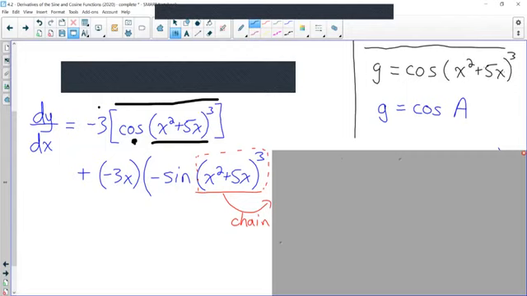As you know though, with chain rule, much like we did with polynomials, you need to take the derivative of the angle. So the chain rule requires us to take the derivative of this entire angle here. Everything after the sin is considered part of the angle, including that exponent of 3.